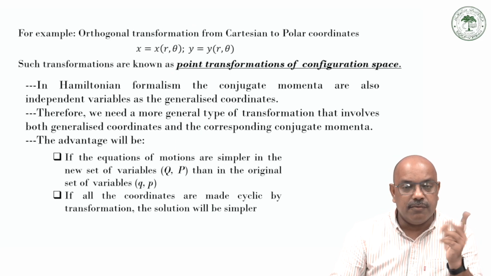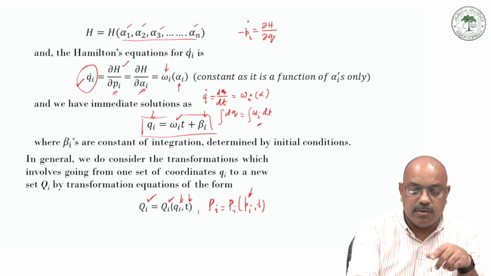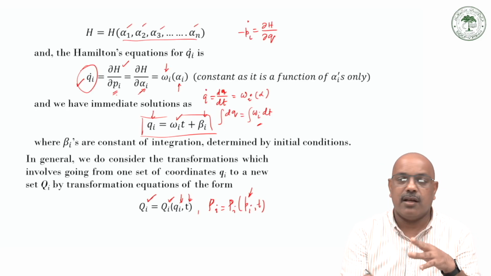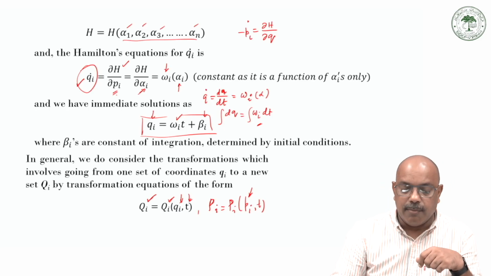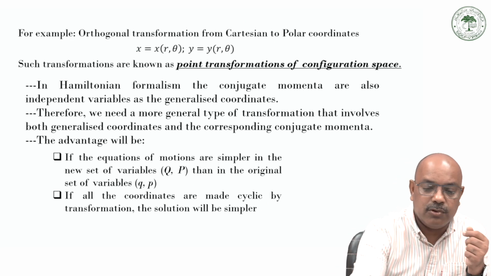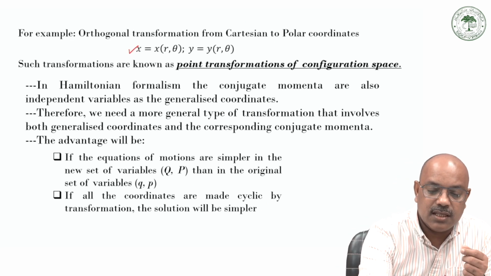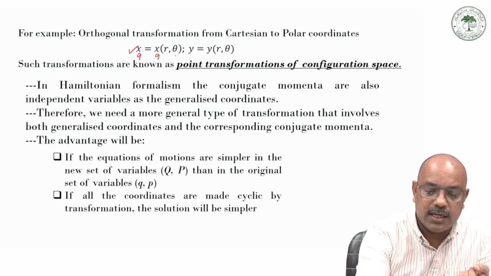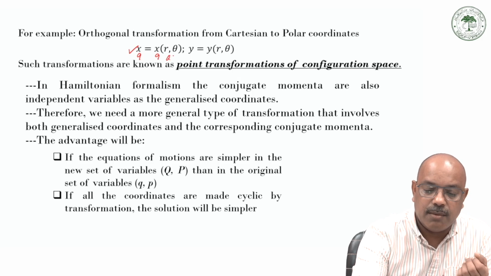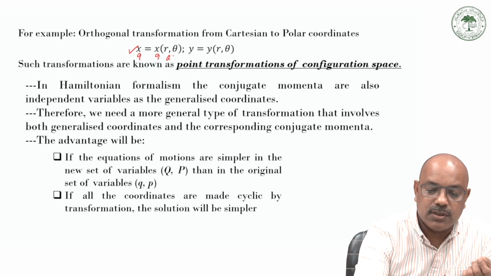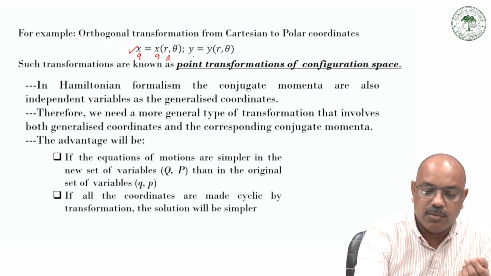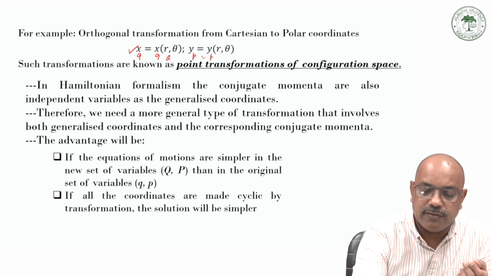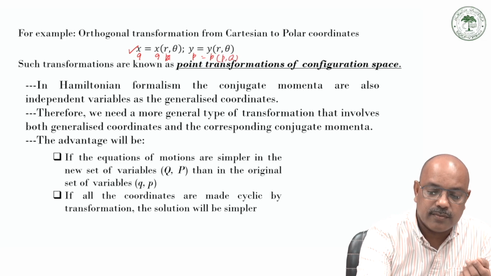But we know already these are transferable. I can write capital Q in terms of small q, and I can write small q in terms of capital Q. Similarly, for example, small q can be written in terms of capital Q, r and theta. And this is my small p, which is going to be in terms of the capital P's and Q's.